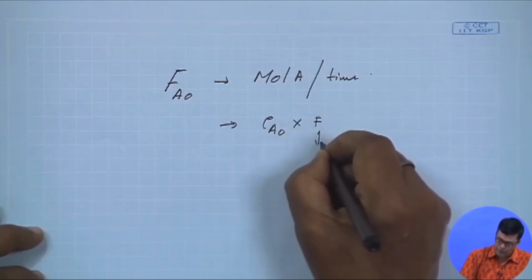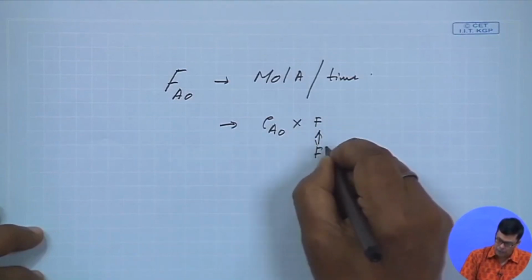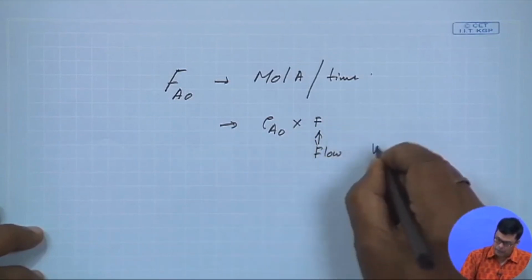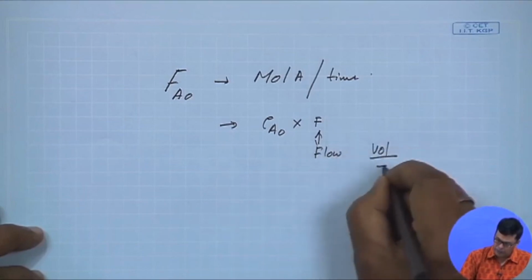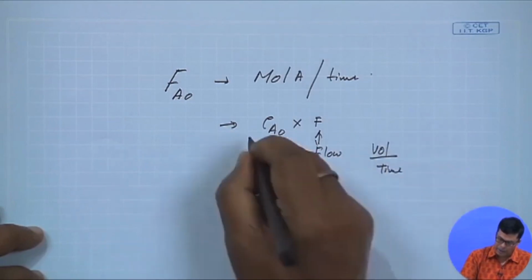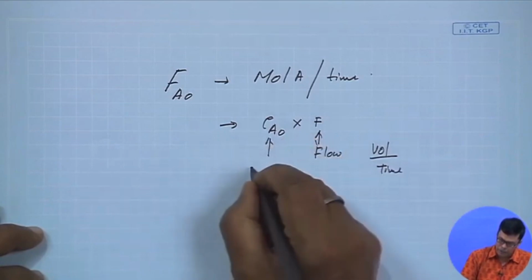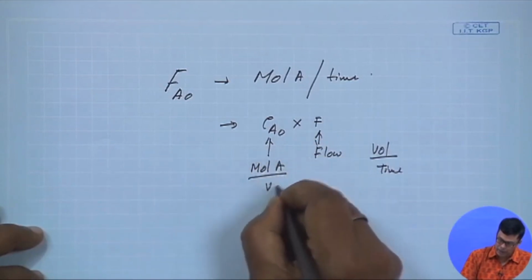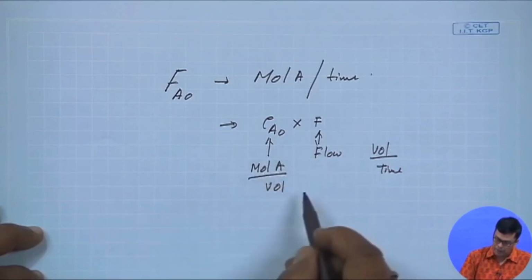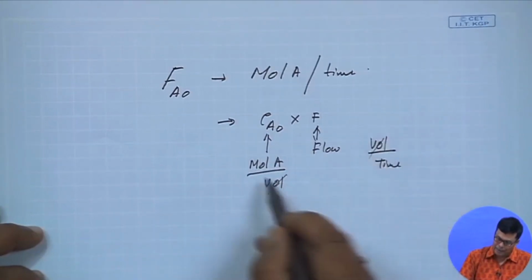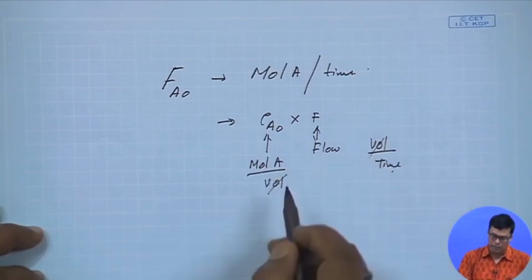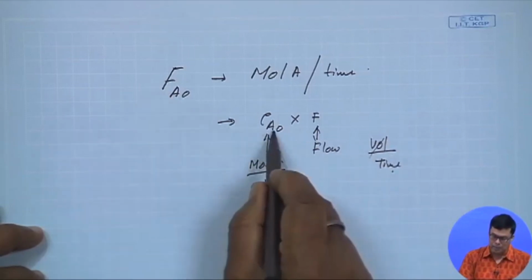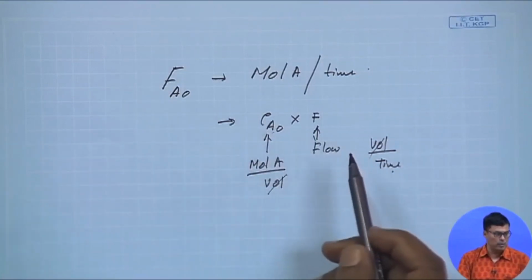F is the volumetric flow rate, volume per unit time. And Ca0 is the concentration, moles of A per unit volume. When you multiply these, the volume cancels, leaving moles of A per unit time. So FA0 is nothing but Ca0 into F.